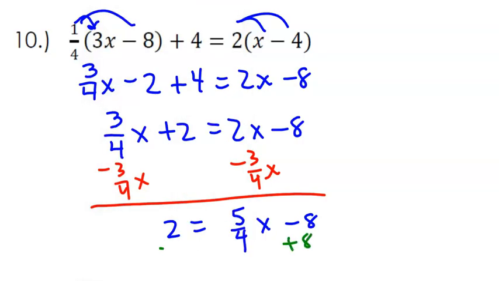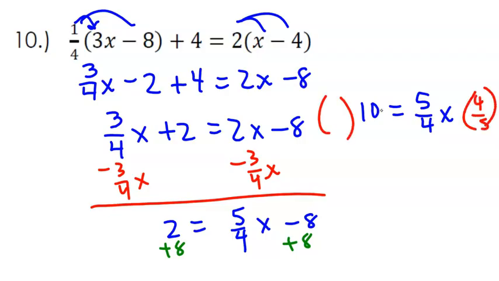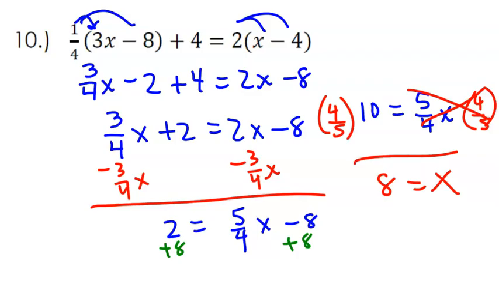I'm going to add 8. Gives me 10 equal to 5/4 x. Multiply by the reciprocal. X is equal to 40 divided by 5, which is 8.